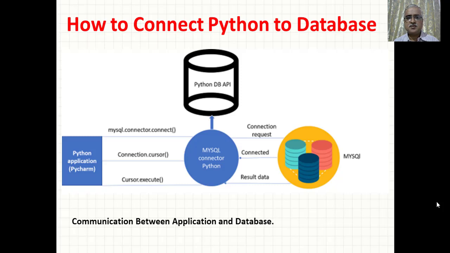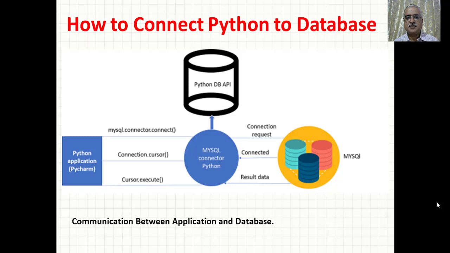To connect a Python application to the database server, we need three important functions, that is connect, cursor, and execute. The connect function will establish connection between the Python application and MySQL, cursor will create a cursor in the database, and the execute function will execute SQL query at the cursor location created by the cursor method. First, we need to connect to the database by using the connect function.